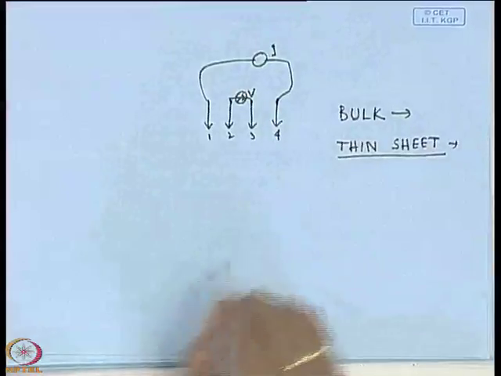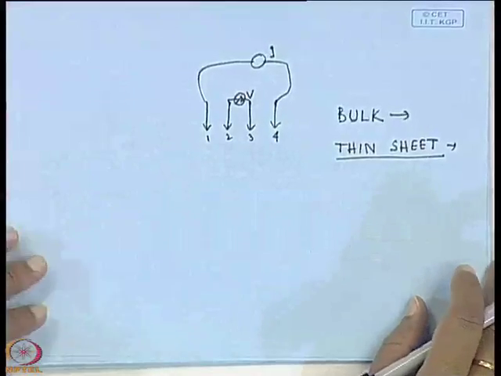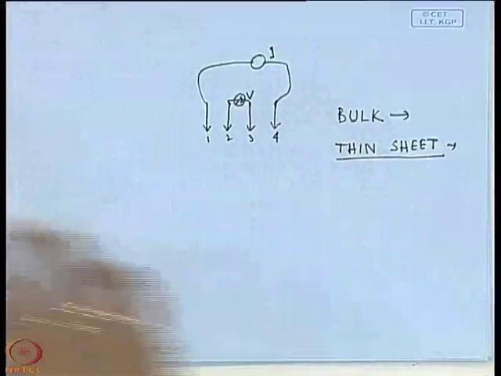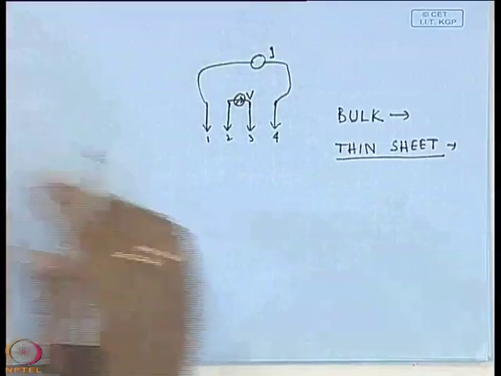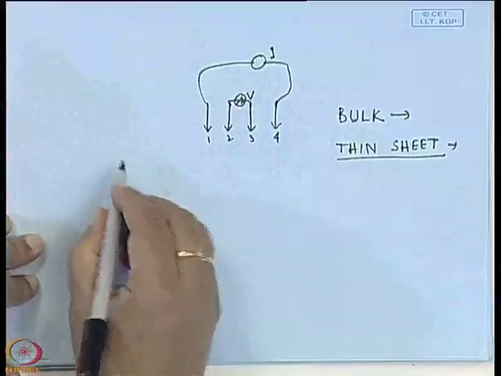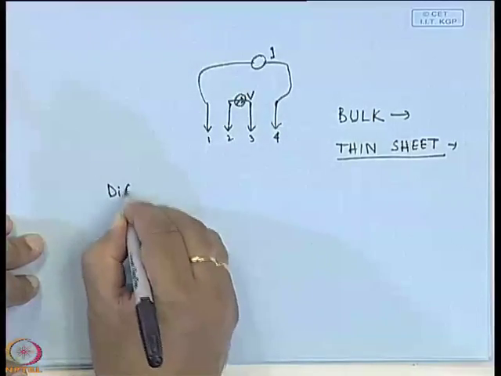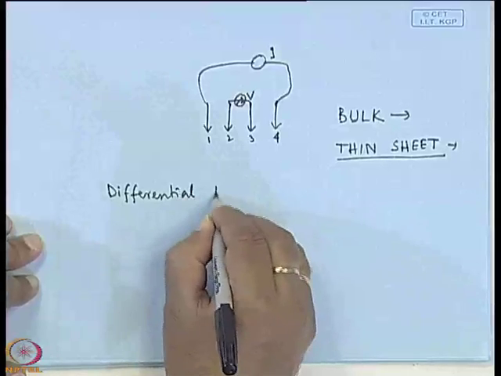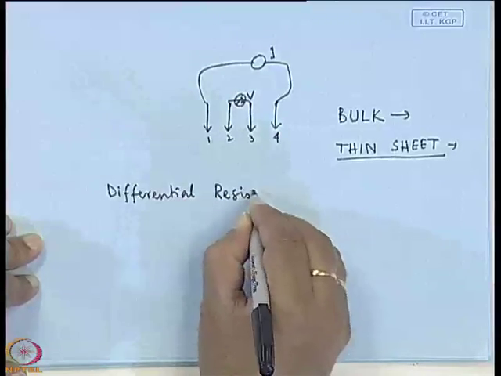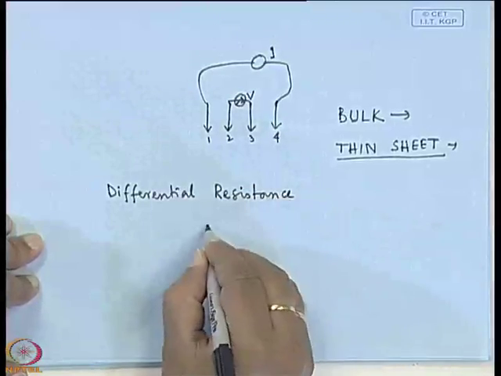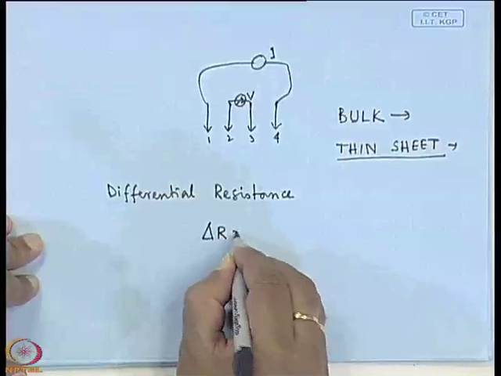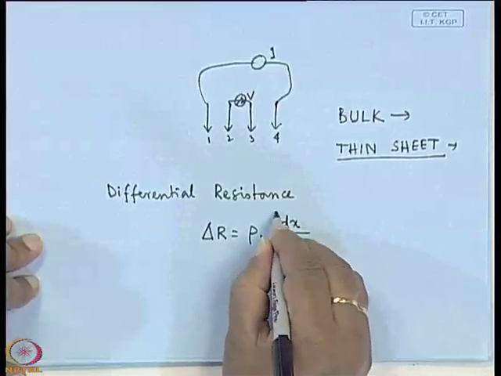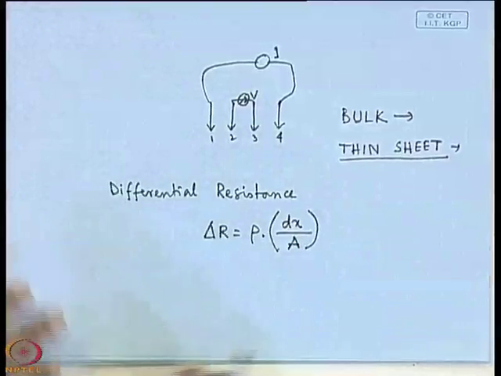So, these are the two cases which we can measure. Now, if the bulk is considered, let us first take the case of the bulk. The differential resistance is given by delta R equals rho into dx by A. What is this?